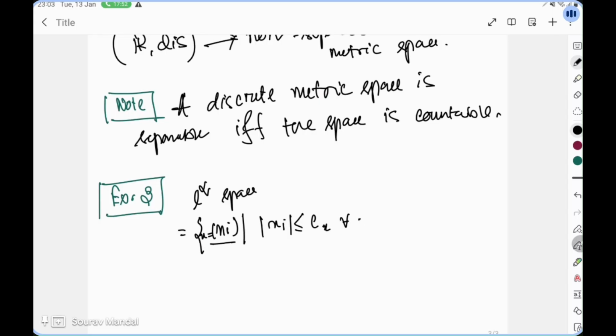Okay, so for different sequences there are different Cx's. So that means it is the set of all bounded sequences. So whether this space is separable or not, any guess?